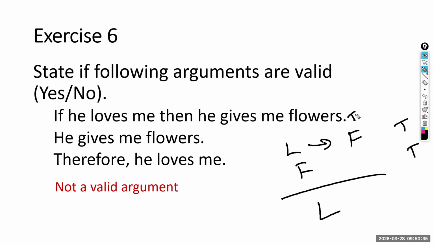Now, when this is true and this big statement is true, this can be true because true implies true is true, or this can be false because false implies true is also true. So that means this can be true or false. කෙනාට ආදරේ වෙන්නත් පුළුවන් නොවෙන්නත් පුළුවන්. ඒ නිසා එයා ආදරේ නිසයි මල් දුන්නේ කියලා හරියටම කියන්න බෑ. According to this argument, right? ඒ නිසා ඔයාට logically ඒ නිගමනයට එන්න බෑ.